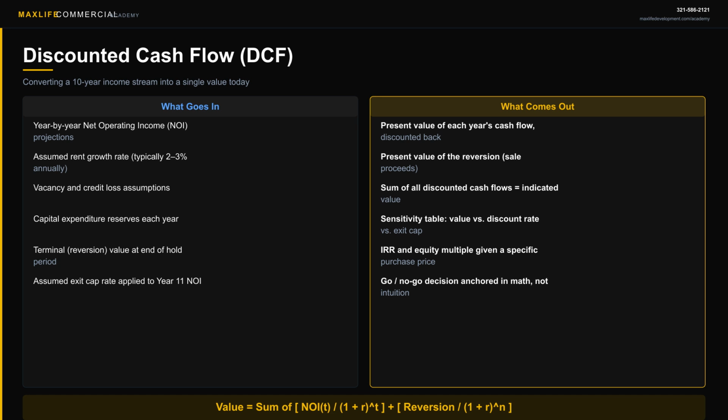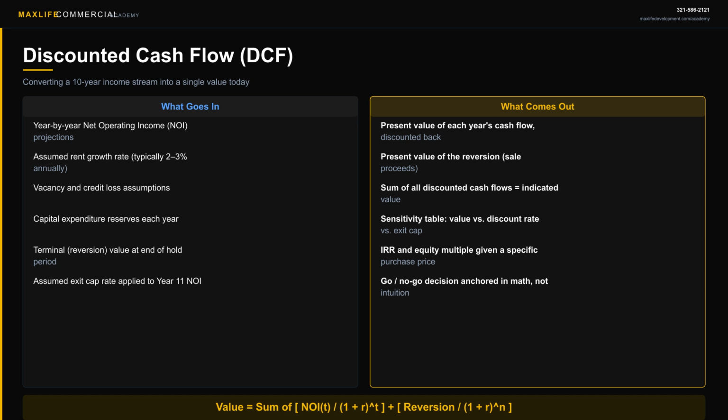You layer in your assumptions, a rent growth rate, usually 2 to 3% annually, vacancy and credit loss, capital expenditure reserves for the roof, the parking lot, tenant improvements, and finally a terminal value, also called the reversion, which is what you expect to sell the property for at the end of the hold. That reversion is usually calculated by applying an assumed exit cap rate to the projected year 11 NOI.